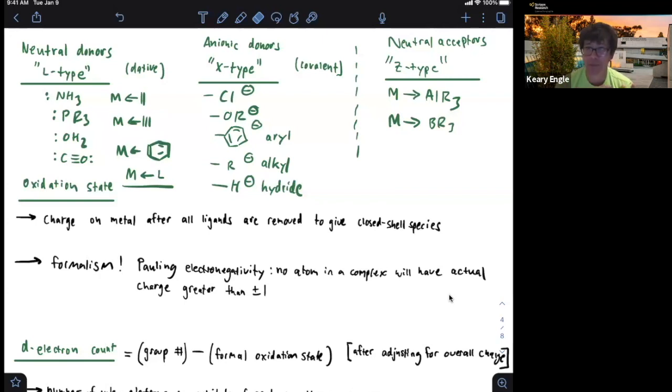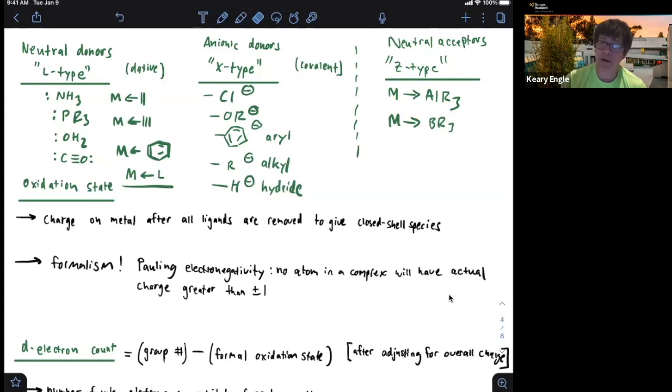The key difference between these 2 is that if you consider their closed shell form, neutral donors are not charged and anionic donors are charged. By closed shell, I mean that the atom that's engaged and bonded to the metal has a complete octet in most cases, a complete suite of 8 electrons. Then you ask whether it's charged or not.